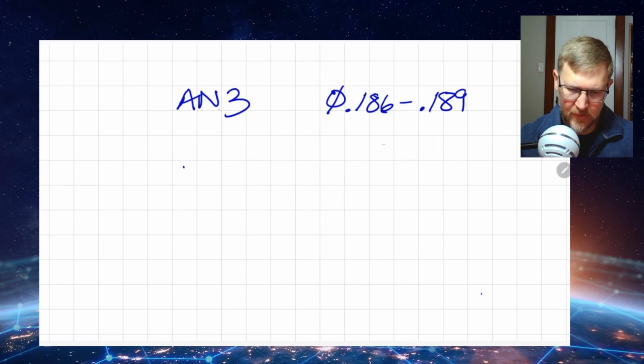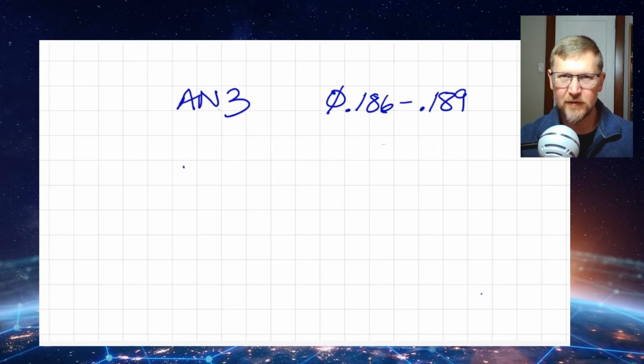So let's talk about what a typical hole size is for a fastener like this. Well, if you go look at the drill size charts, and you can just look them up online, it's a universal standard. We typically use in aerospace, of course, English units, at least in the aviation world.